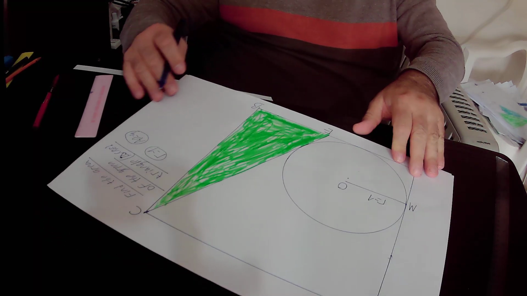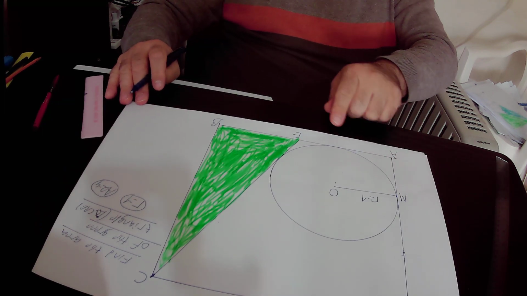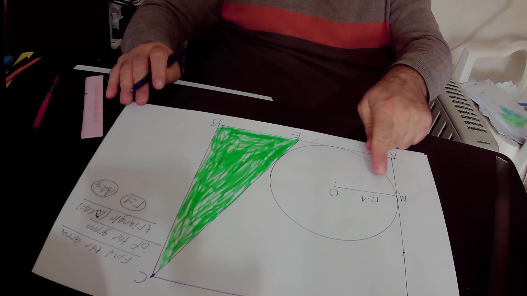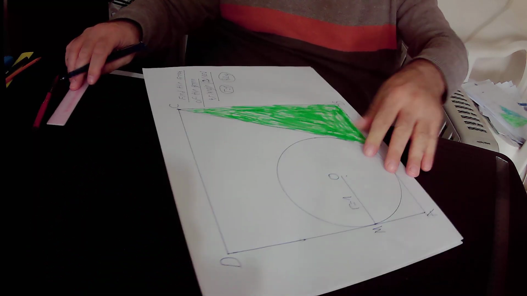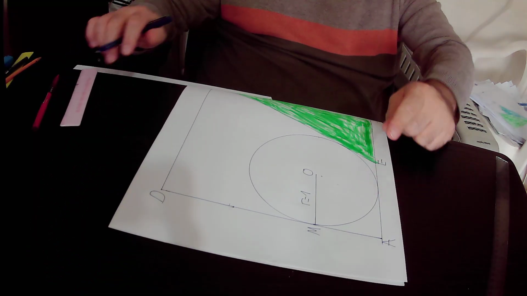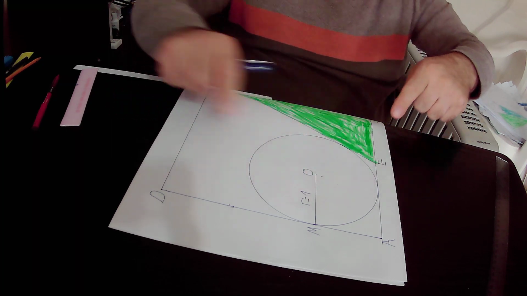So as you can see in the drawing, we have this radius OM. It is drawn to the point of tangency, that is to say it is drawn to point M, the point of tangency of tangent AD with this circle.